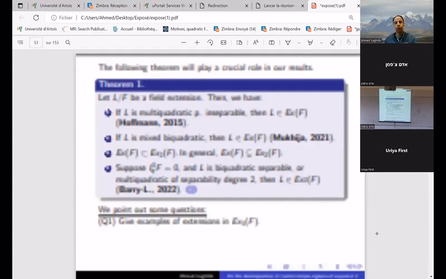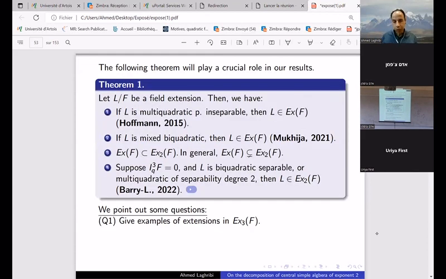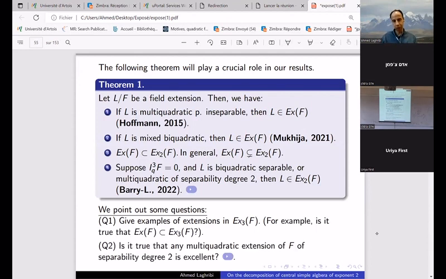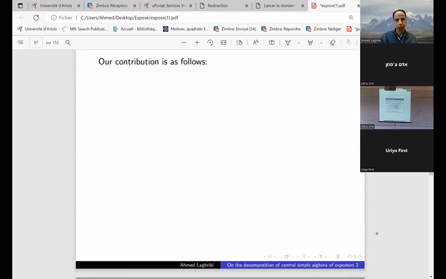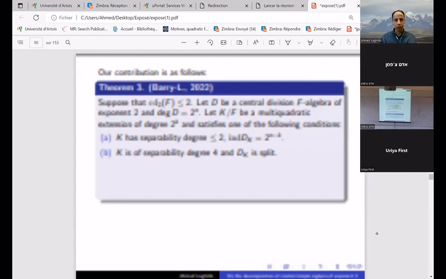Question Q2: we would like to say if a multi-quadratic extension of separability degree 2 is excellent.